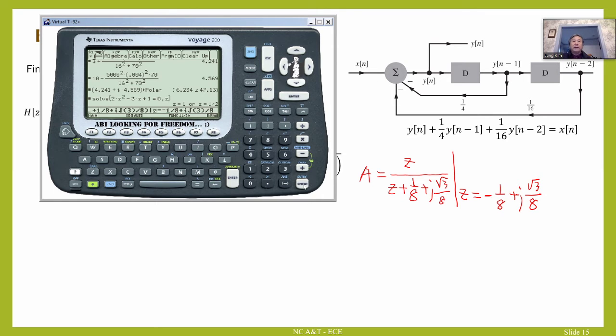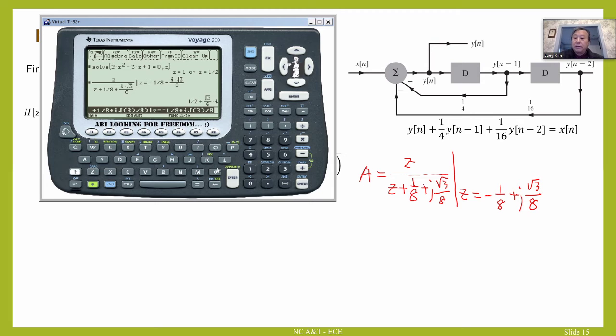If you enter that, then we can find this one.